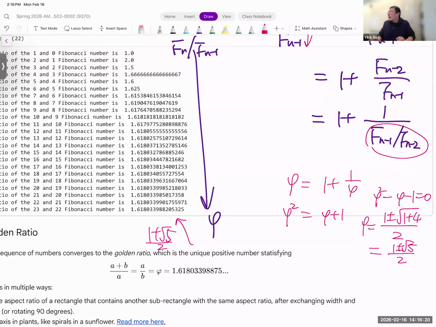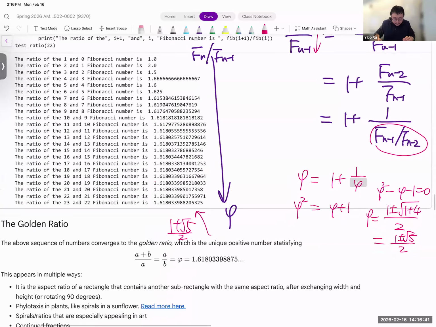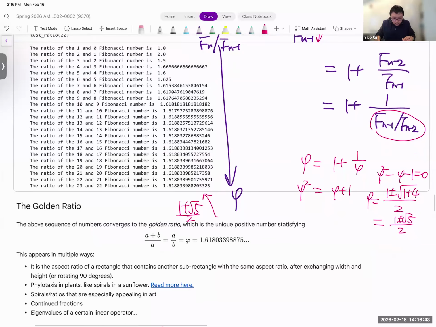And 1 minus square root of 5 over 2 is a number that's less than 0. Okay, so it's another root that's not so reasonable, because the latter Fibonacci number is actually larger. So the ratio should be larger than 1. All right. So that's the golden ratio.